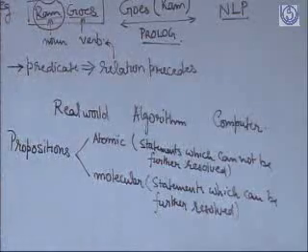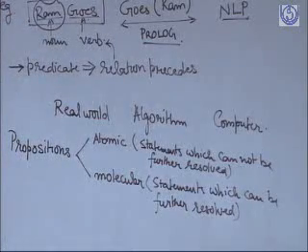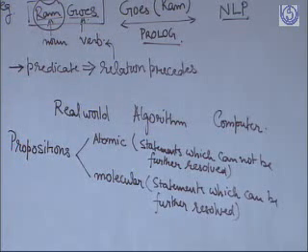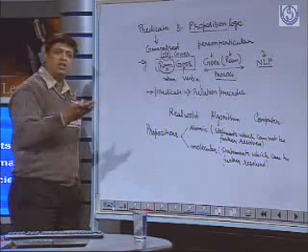The example is Jack and Jill. Everybody has studied this poem, Jack and Jill went up the hill. Now what I want to say is, the statement is molecular because it is contributing to two parts: Jack went up the hill and Jill went up the hill.